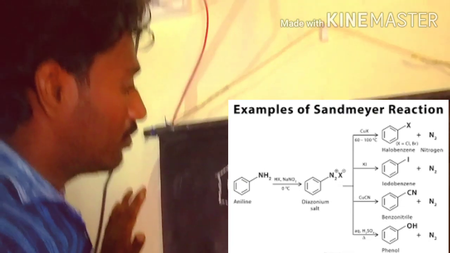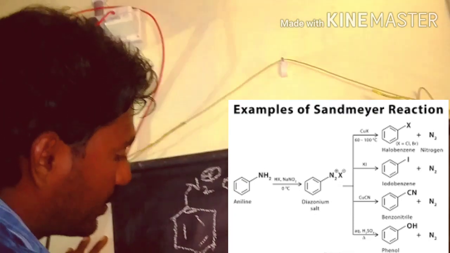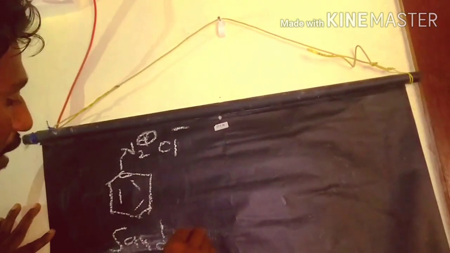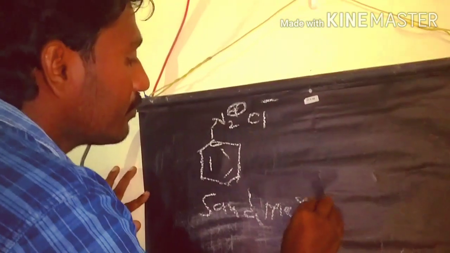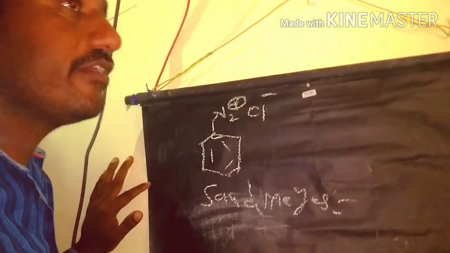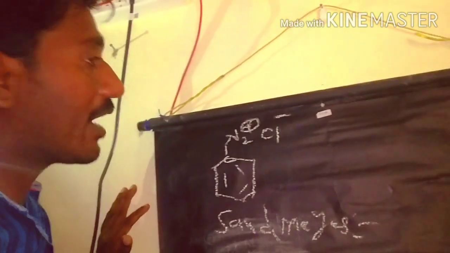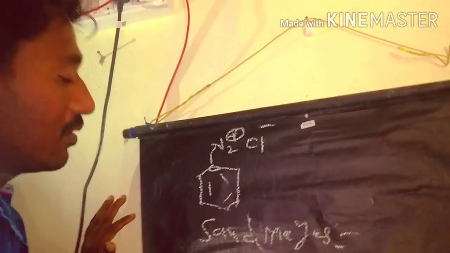Let's see the Sandmeyer reaction, which is one of the famous named reactions. In this reaction, we prepare halogen compounds by reacting the aryl diazonium salt with copper chloride.